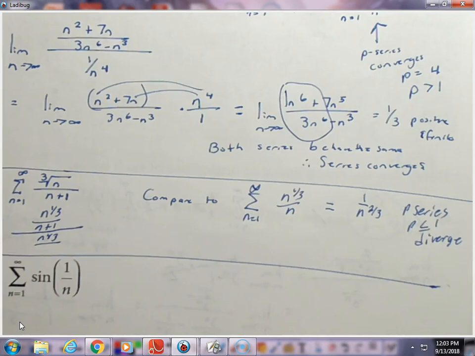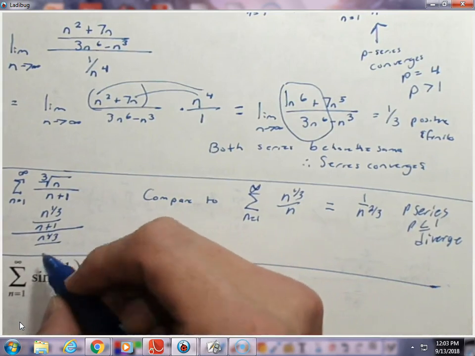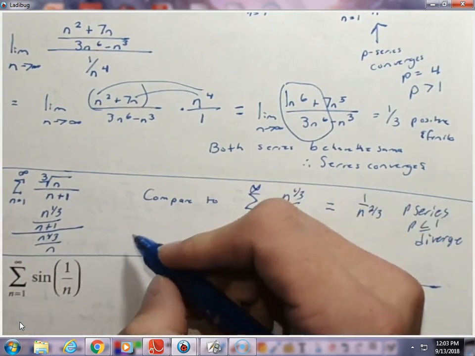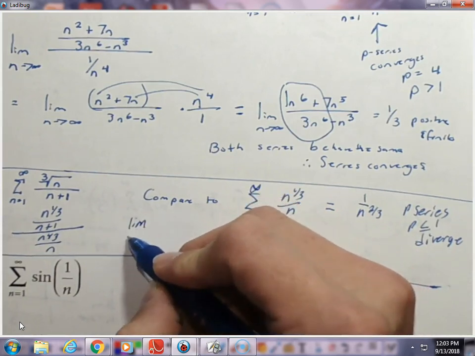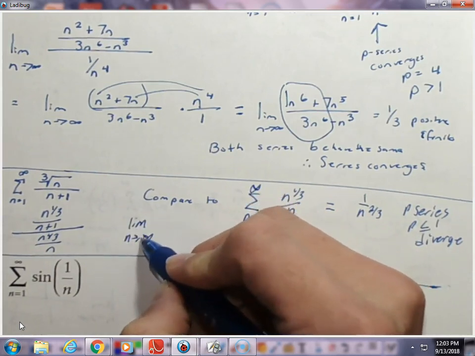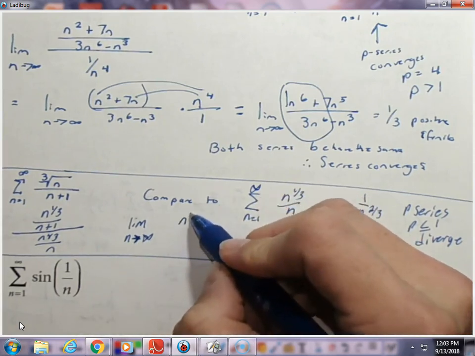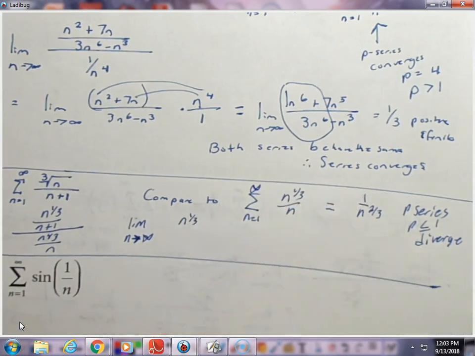Oh no, you're smaller than what diverges, so you don't have. Over n, and you multiply. Oh, because I didn't have it on the n to the 1/3.